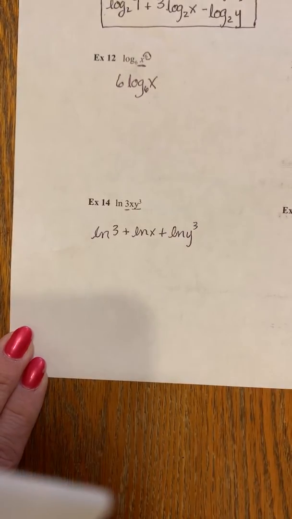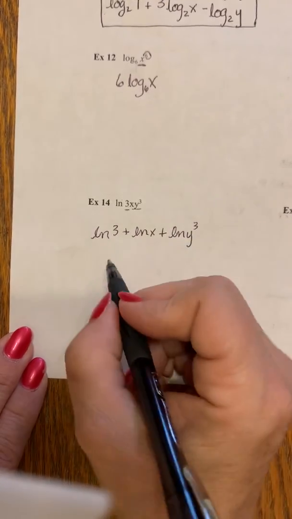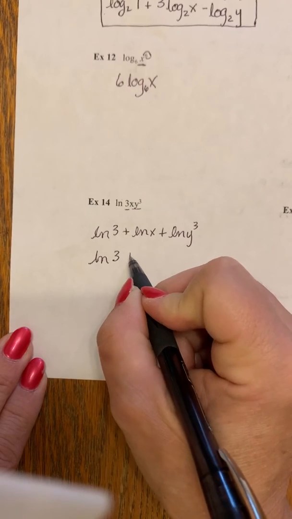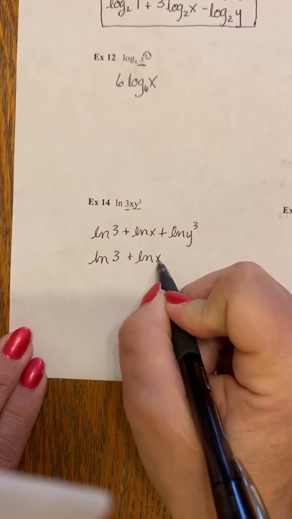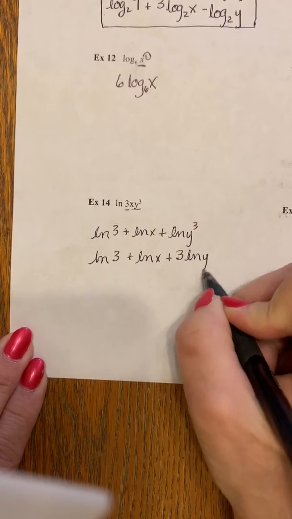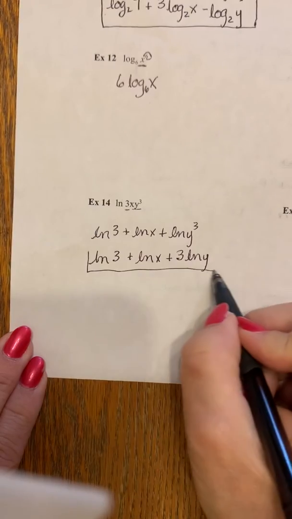Now for those of you who see this already ahead, you can skip this step and just put the 3 down in front. When we finish this off, it's going to be the natural log of 3 plus the natural log of x plus 3 times the natural log of y. And that will be done.